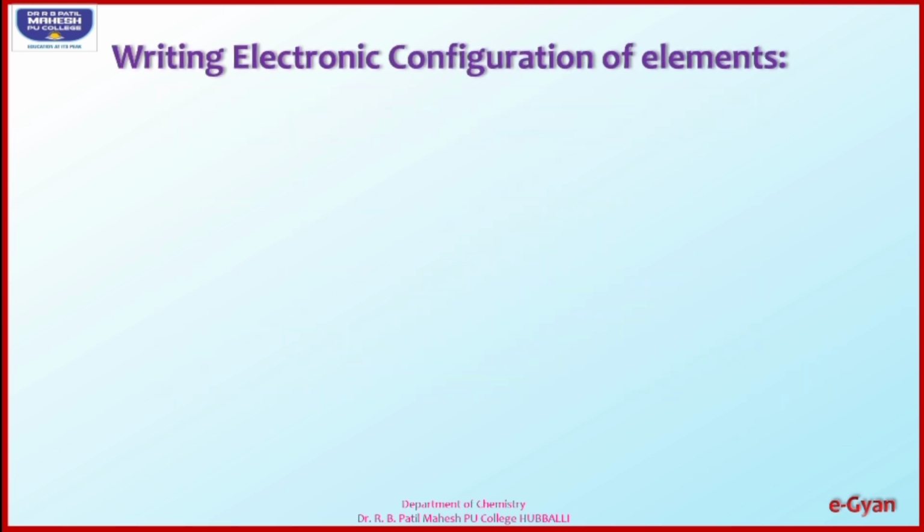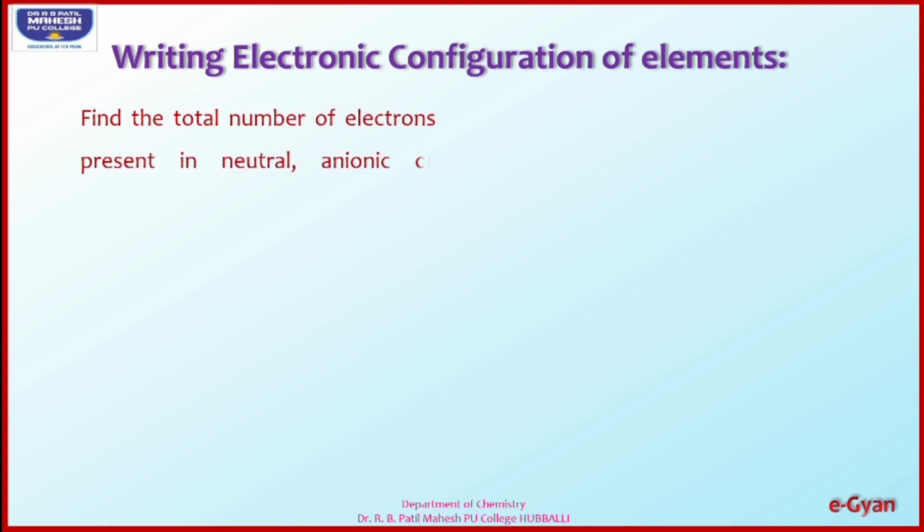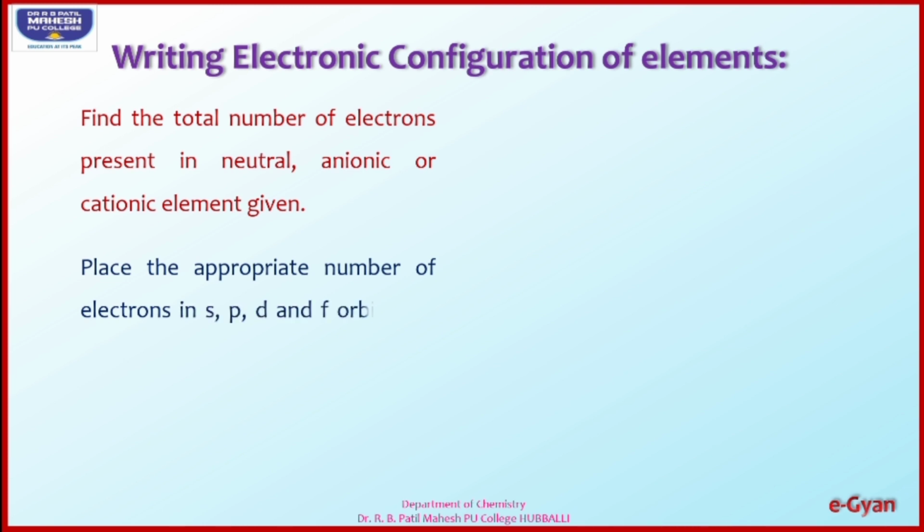Moving further, we learn to write electronic configuration for an element. First thing we are going to do is we need to identify the number of electrons present in the neutral, anionic or cationic element which is given to us, and place the appropriate number of electrons in S, P, D and F orbitals in the increasing order of their energies.